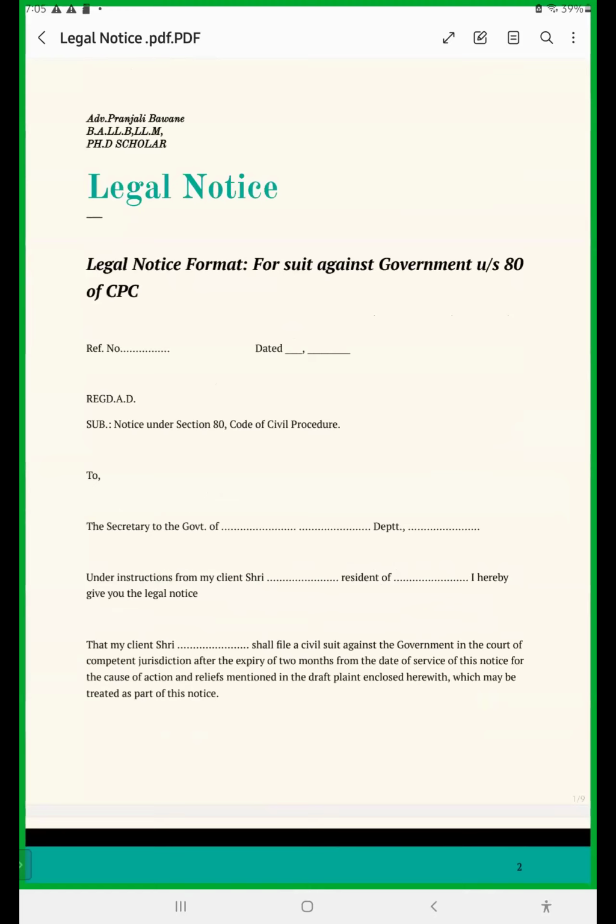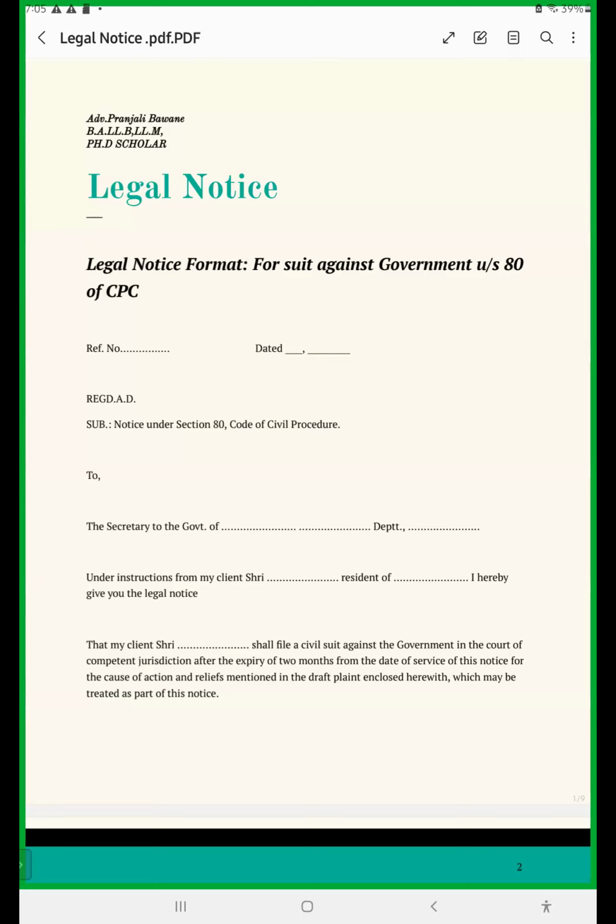Okay, so as you all can see over here, I have started with the legal notice format for suit against government under section 80 of CPC. Basically, whenever we are filing a suit against a government under section 80 of CPC, we write the title as it is and then we write that application, which we call a legal notice, but it is the easiest form of writing.